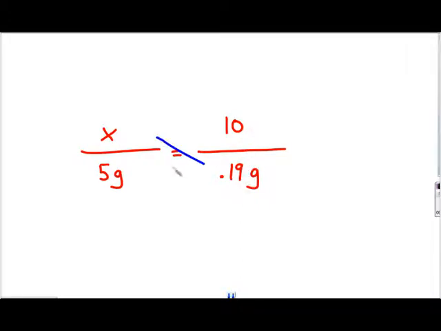up a proportion, cross multiply and solve, and we get 5 times 10, which is 50, is equal to 0.19 times our unknown. Divide both sides by 0.19.